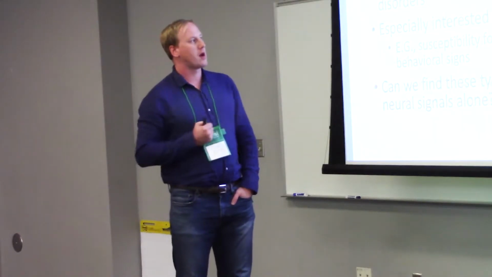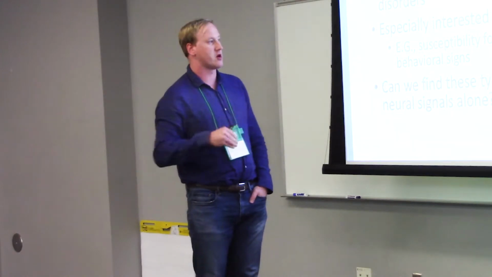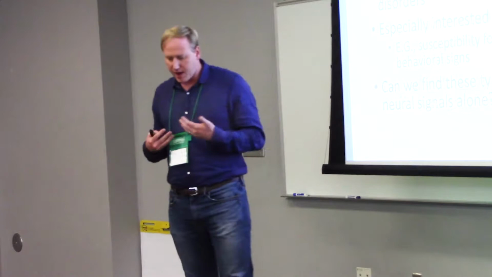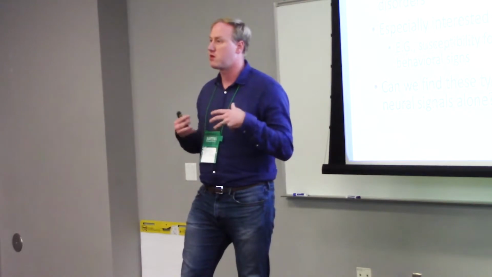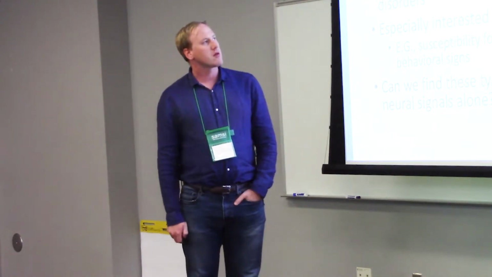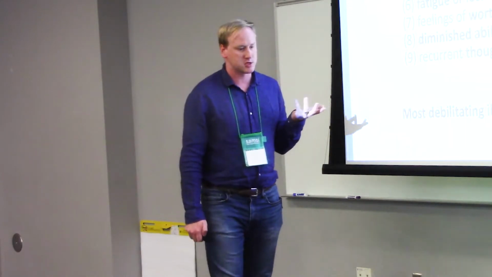What we really want to do is understand how the brain acts and changes in animal models with neuropsychiatric disorders. We're trying to find early biomarkers that are encoded just in the neural activity.